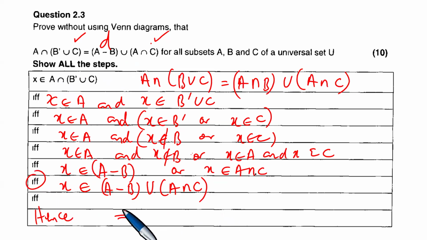The if and only if is also called a biconditional, and a biconditional obviously is an implication in both directions, left and right.